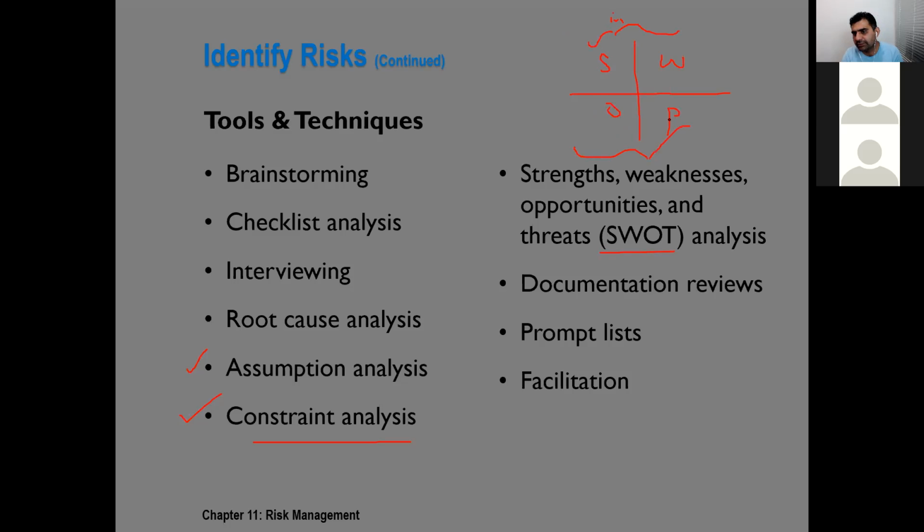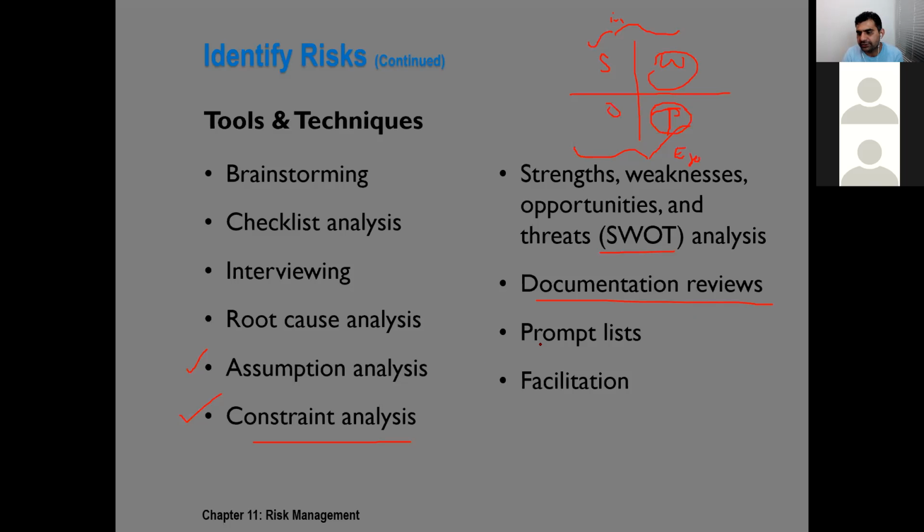Opportunities and threats are normally external to the organization. And these threats are basically nothing but our risks. Similarly, our weaknesses are our risks. Documentation reviews, that could be agreements, business cases, or organizational process assets, could be one source of identifying the risks.